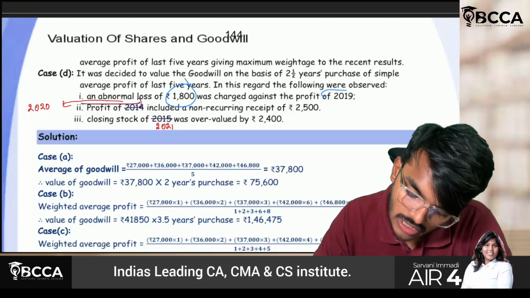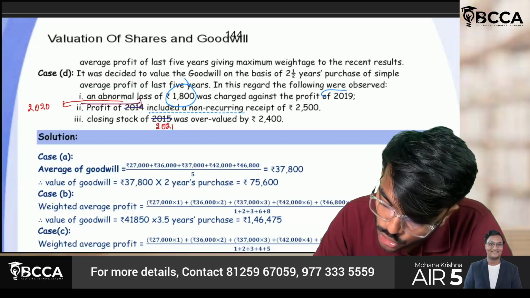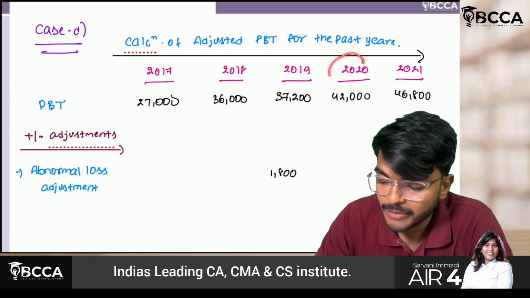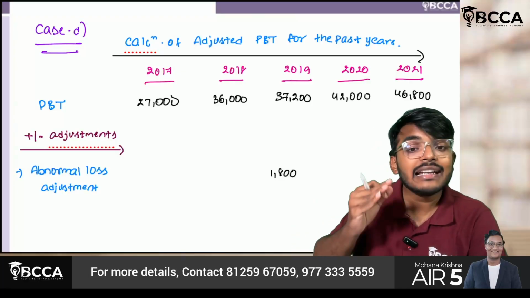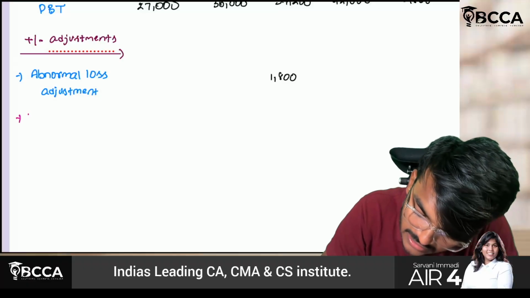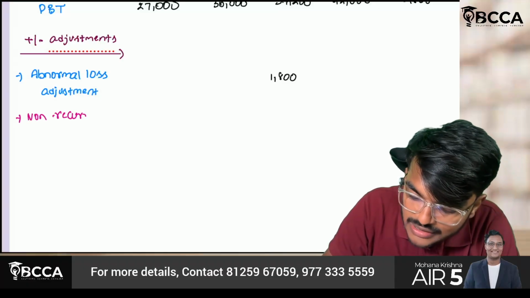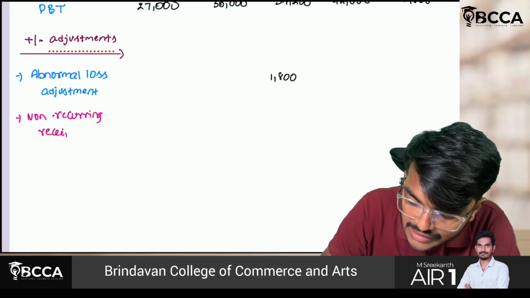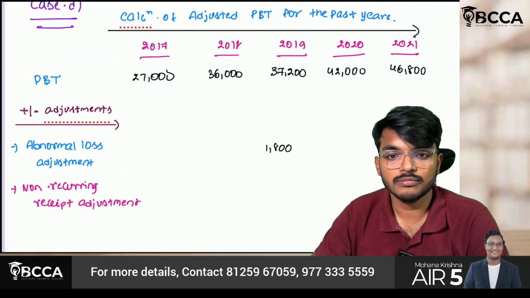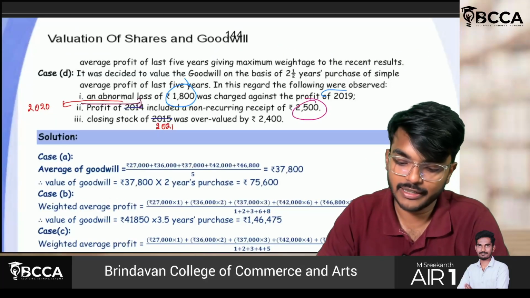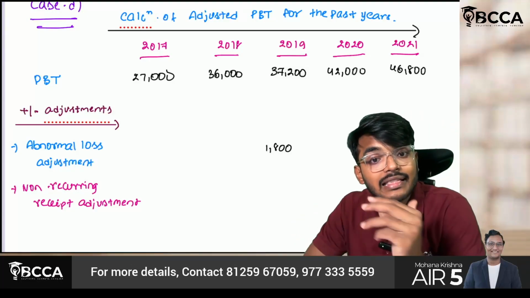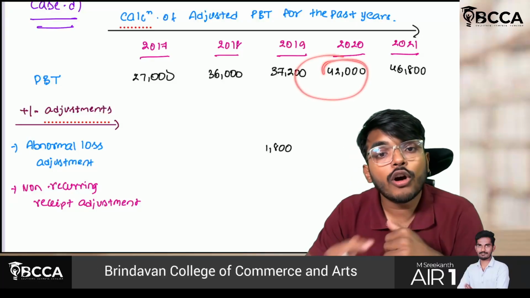Second adjustment. Profit of 2020 included a non-recurring receipt of 2500. They are saying in 2020 there is one receipt, and that is a non-recurring receipt. You have to understand, sir, this non-recurring receipt is adjusted in my 2020 profit. Sir, how much is it? 2500. That 2500 is a receipt, which is an income. That is already included in my profit of 42,000 rupees.